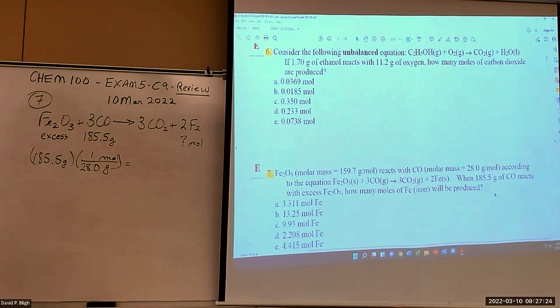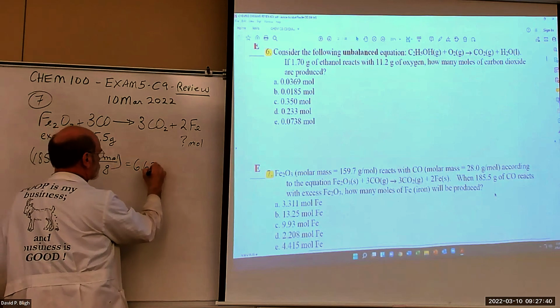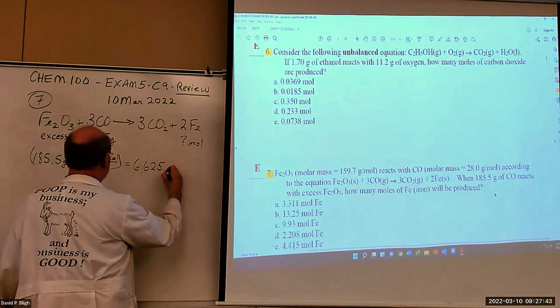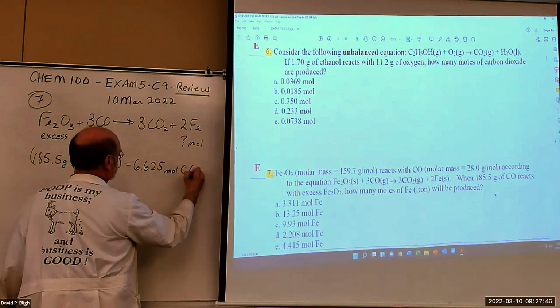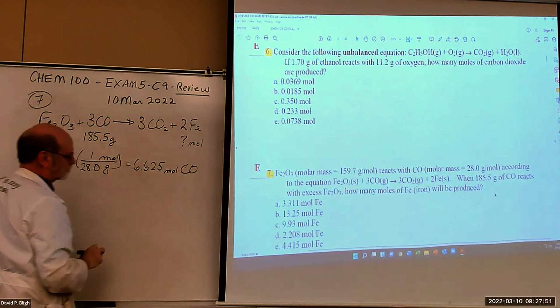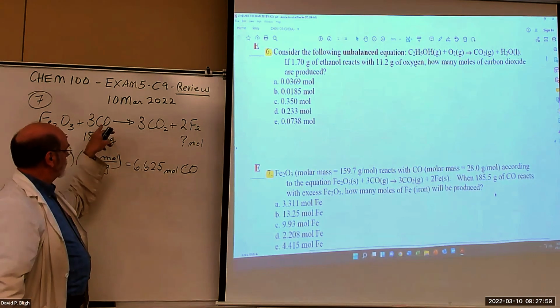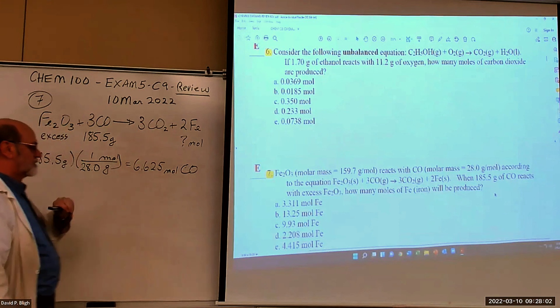So that tells us, once we do the calculation, 185.5 divided by 28 is 6.625 moles of carbon monoxide. That's 4 significant figures. We keep all of them. Okay, so now to answer this question, we need to convert that many moles to that many moles.